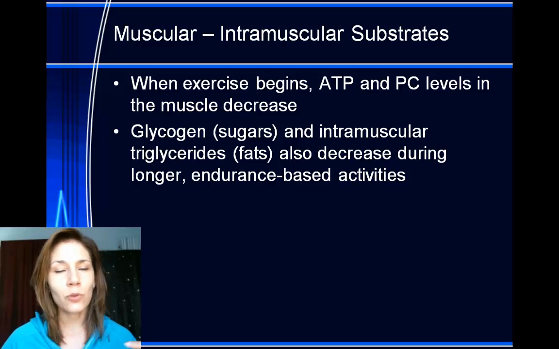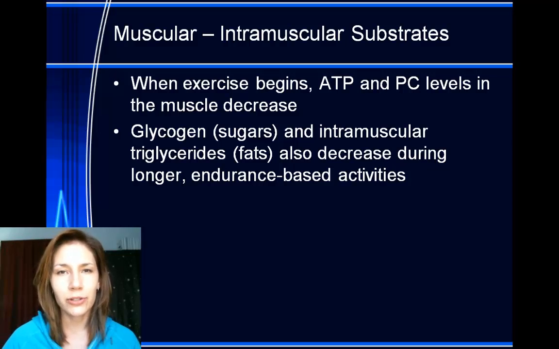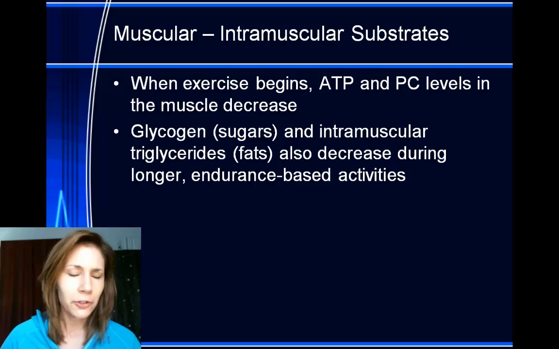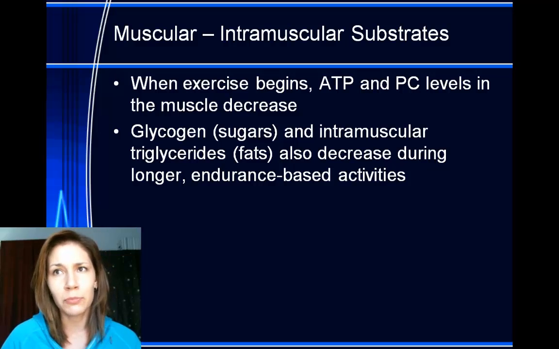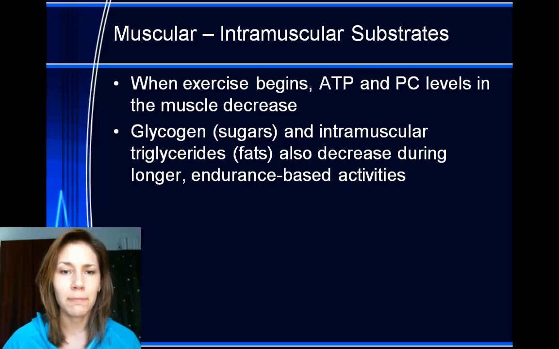ATP is the one molecule you'll keep using over and over again, it's just how you get it that differs. When you're doing endurance activities, the glycogen and the triglycerides, or fats, are the fuels that contribute to creating ATP. When you're doing intense exercise, phosphocreatine is the molecule that helps create that ATP.